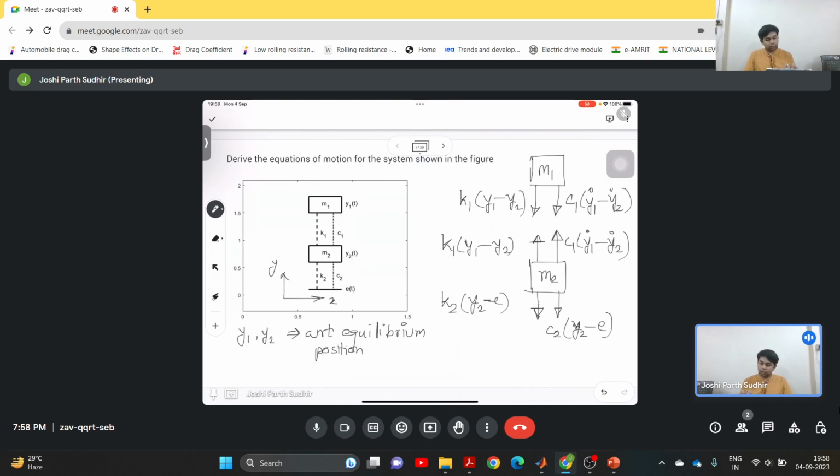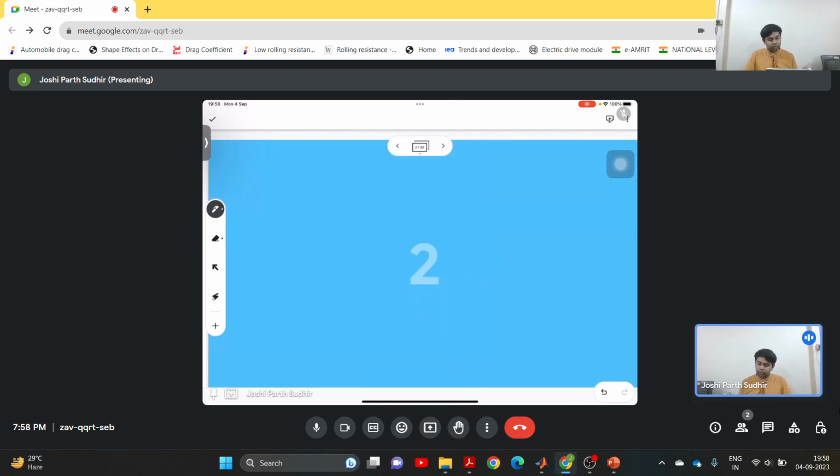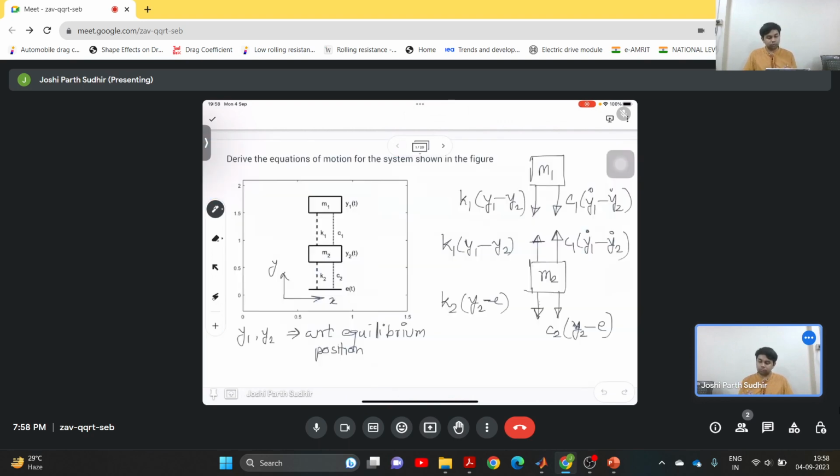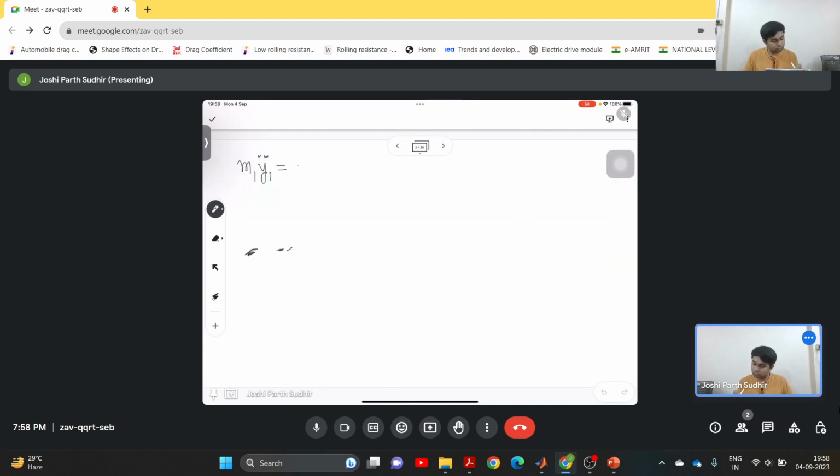So let us write down the differential equations for this system. So let us apply Newton's second law to the first mass m1. So it will be m1 y1 double dot is equal to minus K1 (y1 minus y2) minus C1 (y1 dot minus y2 dot).